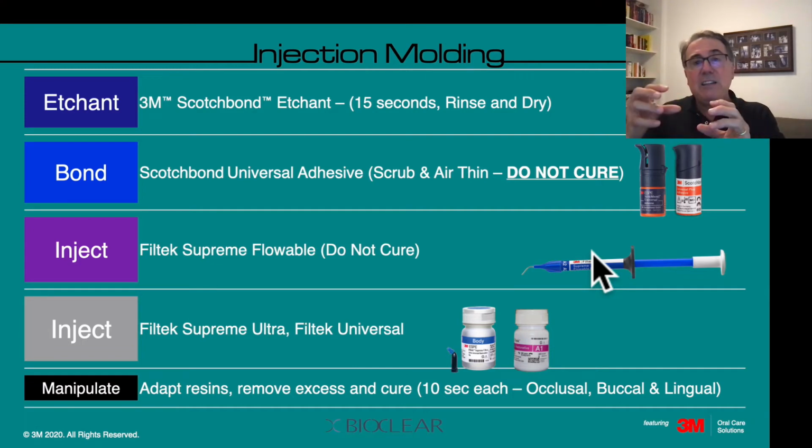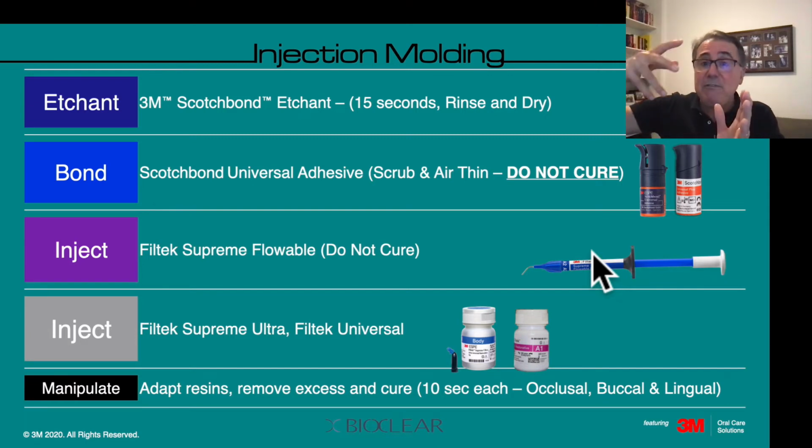First you use, of course, the adhesive, and then you use a flowable, which is a very light, low viscosity material, so it can penetrate very thoroughly all the way inside the area inside the matrix.